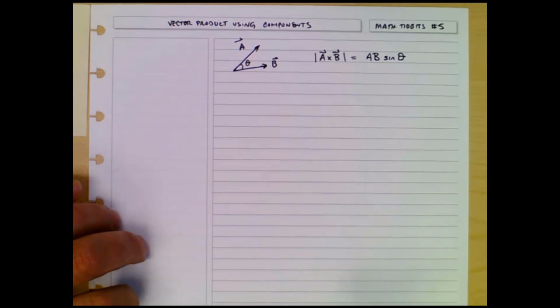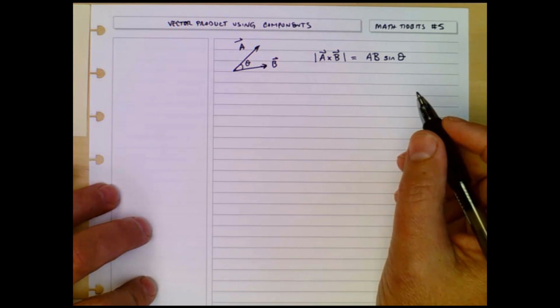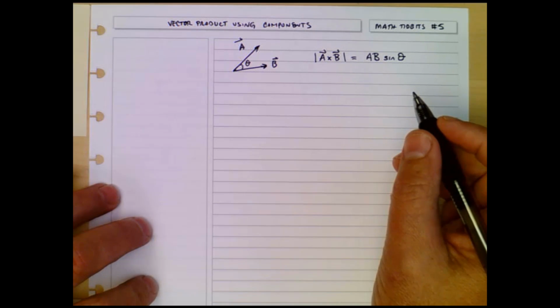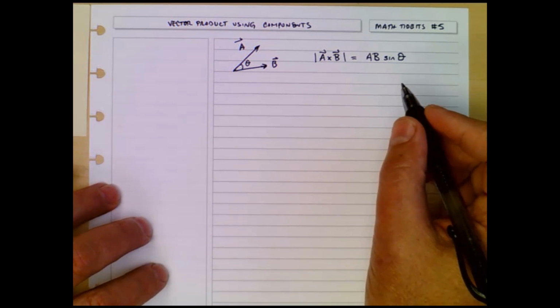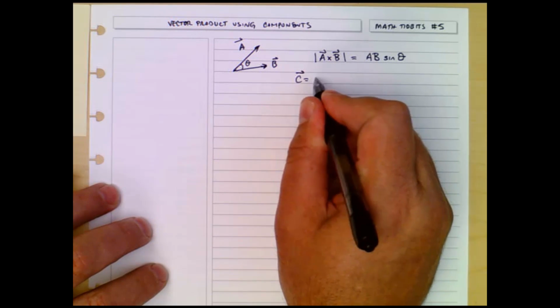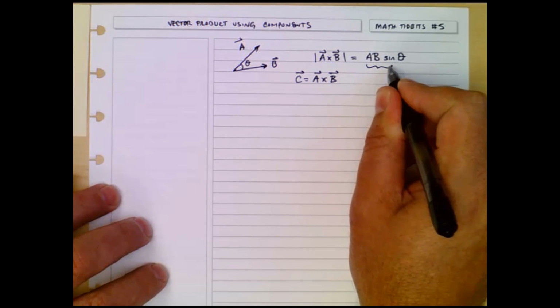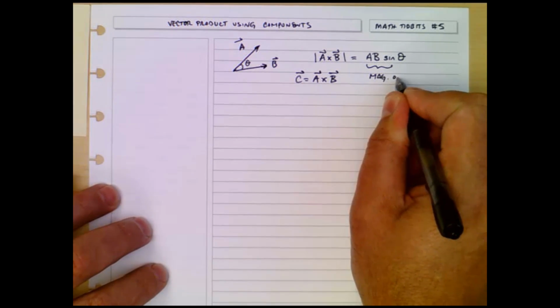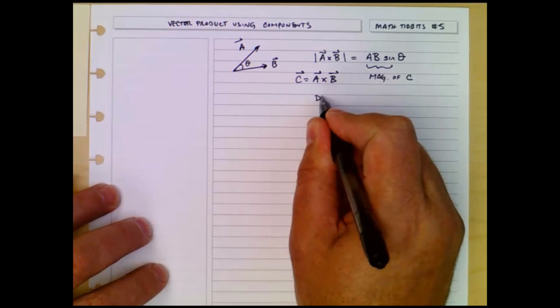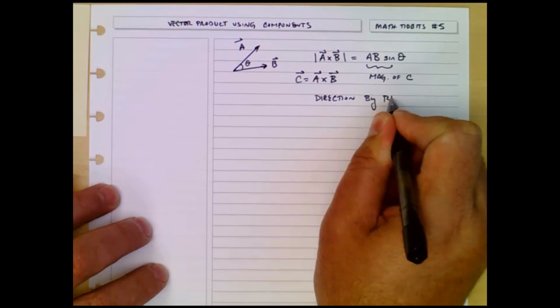So we did do that much in terms of quantitative things. We also talked about the direction of the cross product. And so if C is equal to A cross B, there's the magnitude of C, and the direction is by the right-hand rule.